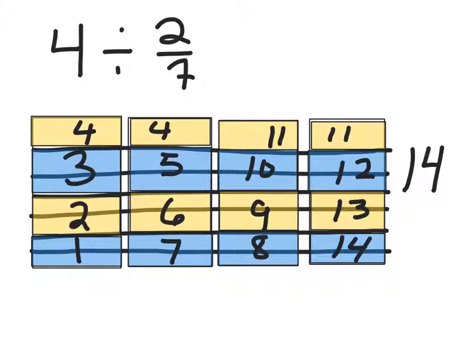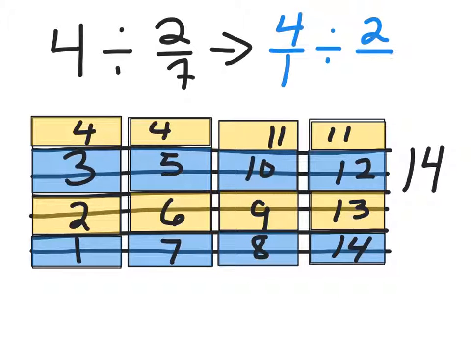Now, here's what I want to do. Let's go ahead and redo this and do our algorithm. So I'm going to rewrite this as a new way of writing it, and the way I'm going to write it is with my 4/1, right? So I changed this into an improper fraction, and then I'm going to write divided by, and then 2/7.